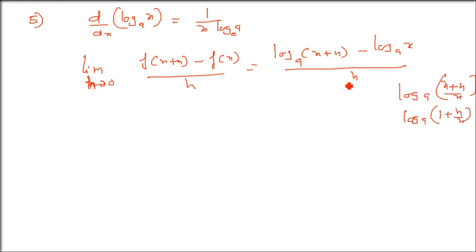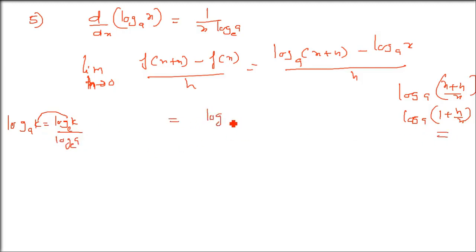Now the base is a. Log base a of k, you can write as log k goes up and a goes down, so log k by log a. Now you can write it as base e. In order to convert a log of any base to e, you have to do this.